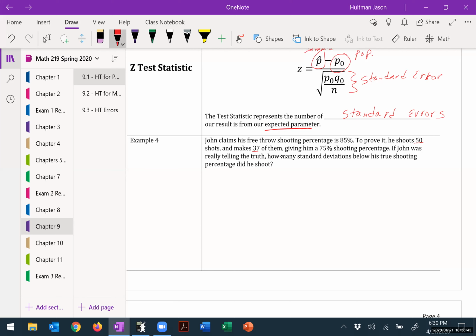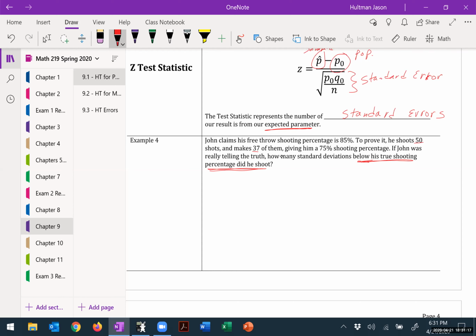If John was really telling the truth, how many standard errors below his true shooting percentage, or what is believed to be his true percentage, did he shoot?